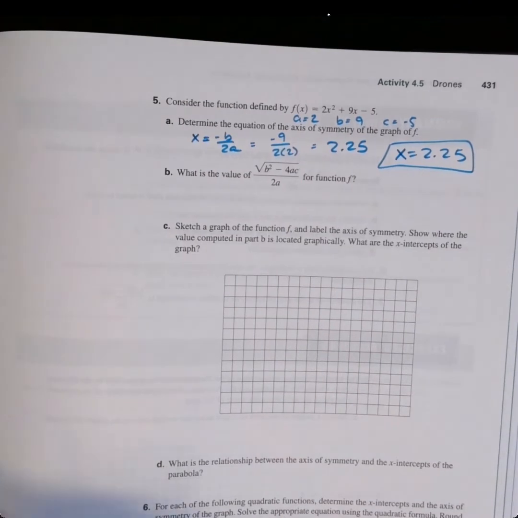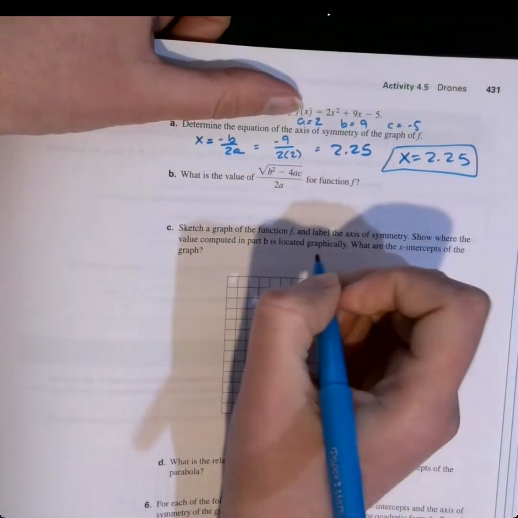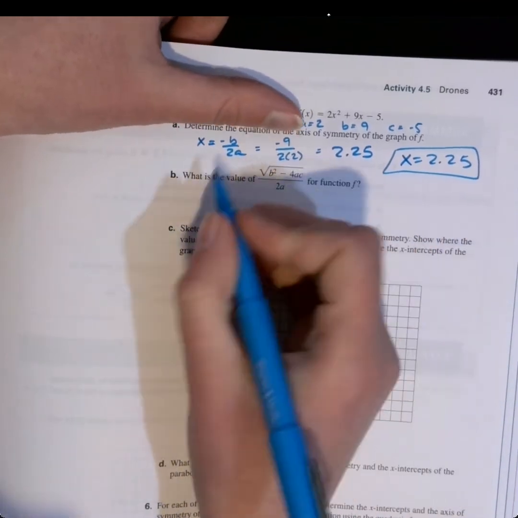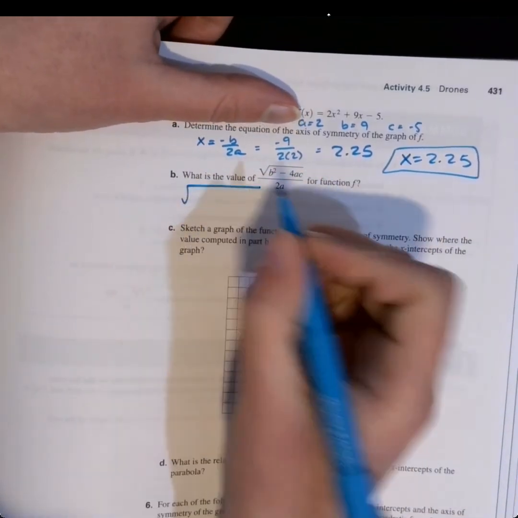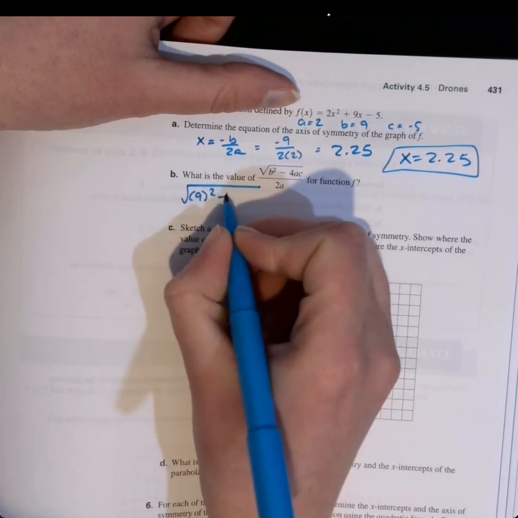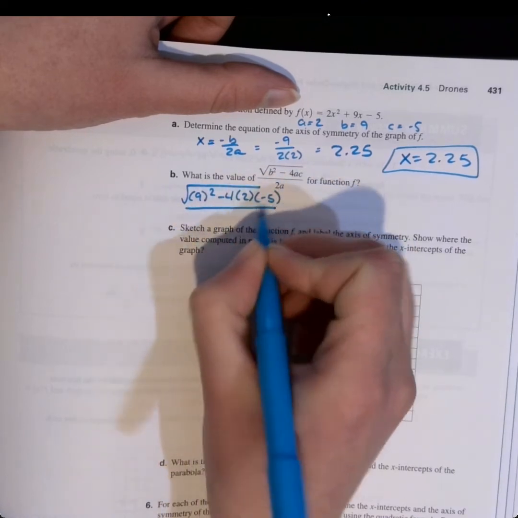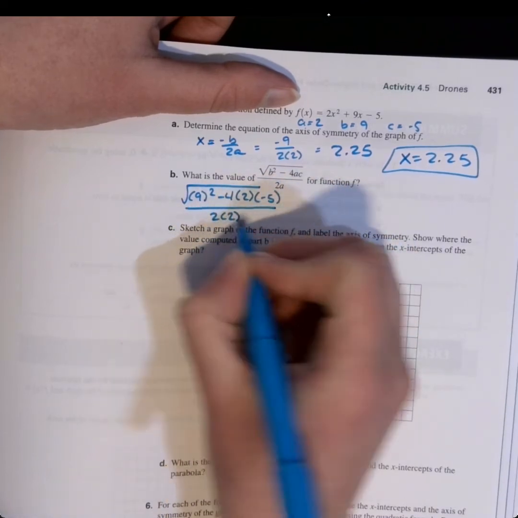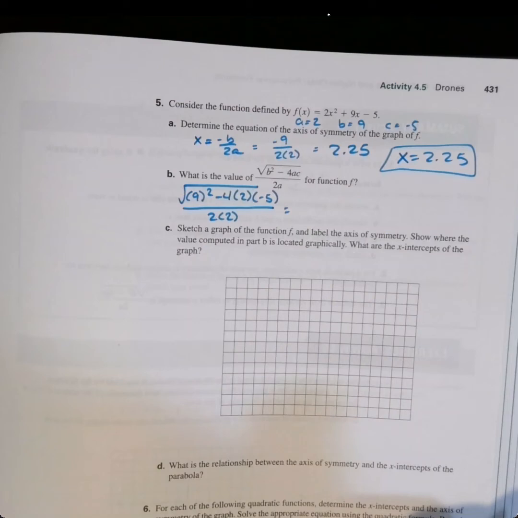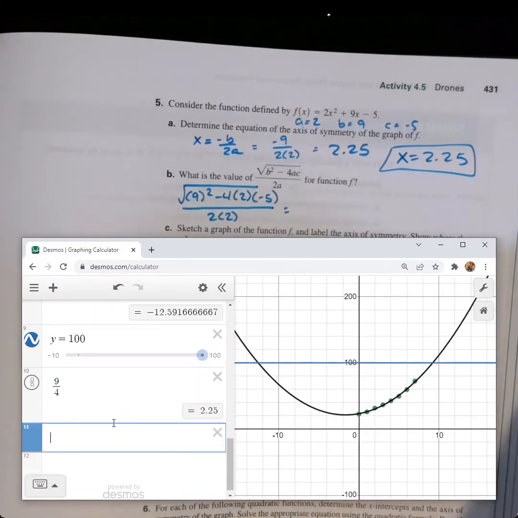Okay, so what's the other part of the quadratic formula? What's the b squared minus 4ac? Square root of b squared minus 4ac over 2a. So square root of b squared. B is 9, so square root of 9 squared minus 4 times a is 2 times c is negative 5 over 2 times 2. So we're not going to put the square root into the calculator. We're going to put just the inside stuff.